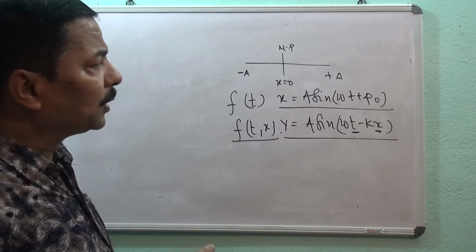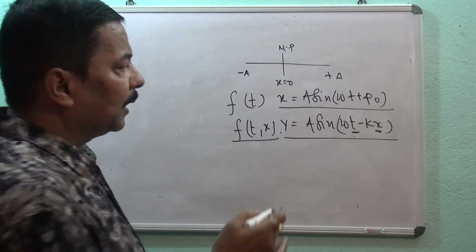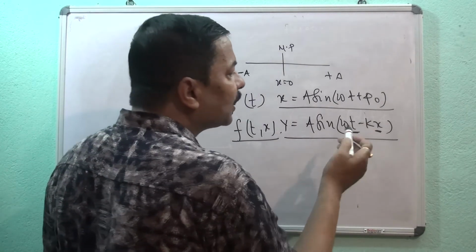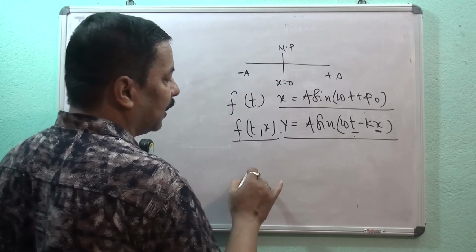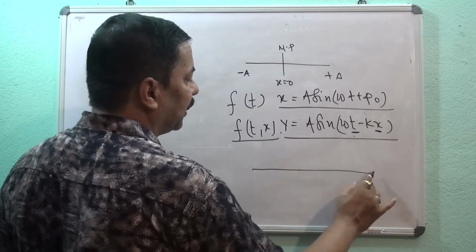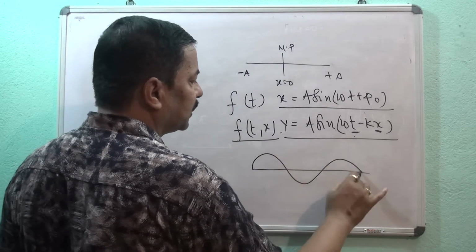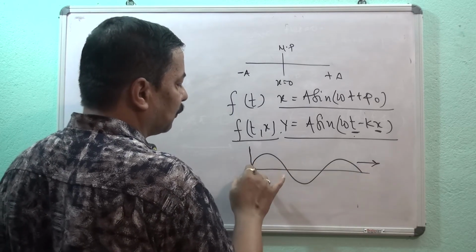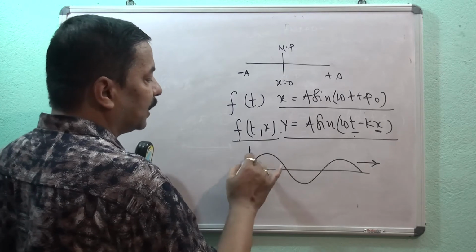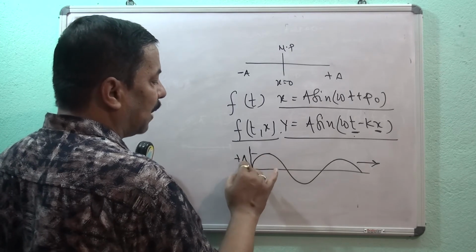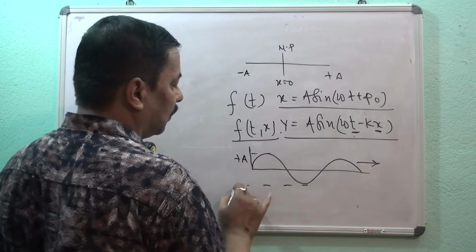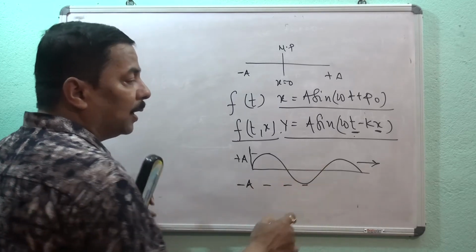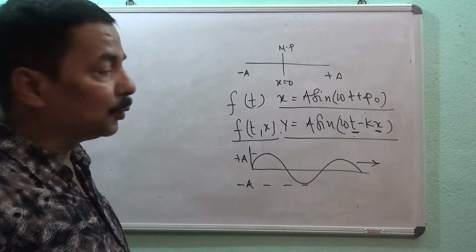Now this is basically the equation of a progressive wave moving in this direction. It tells about this is your plus amplitude and this is your minus amplitude. In between, infinite number of particles are doing simple harmonic motion.